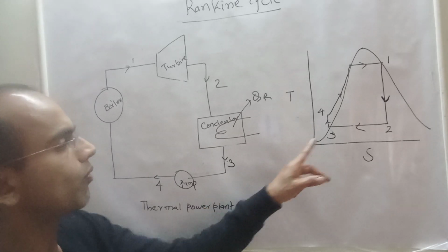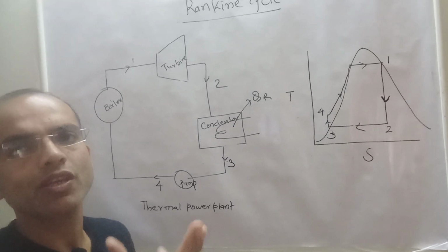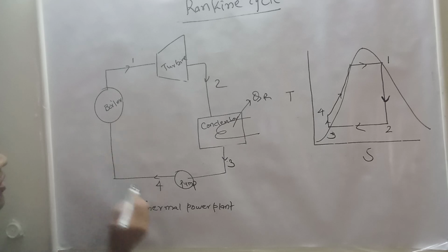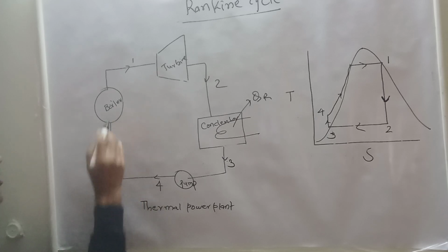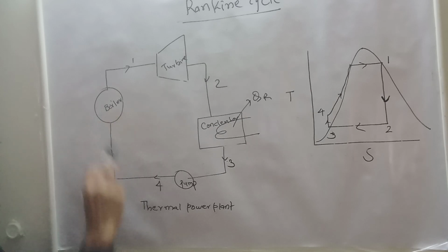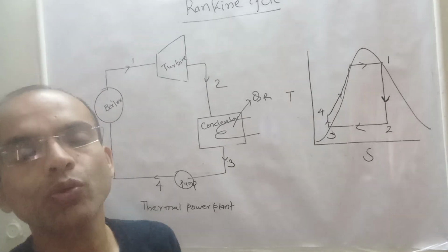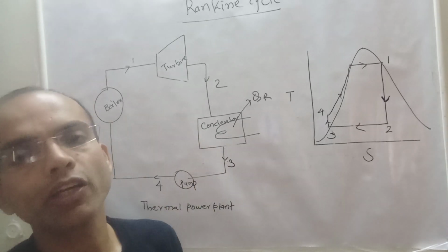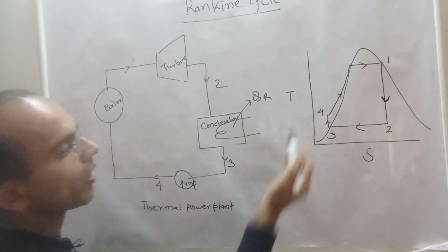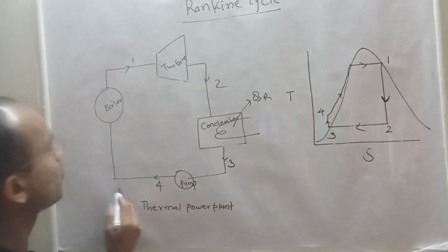But since water is incompressible, only a small amount of pressure will rise, and pressurized water will be fed to the boiler, where it is treated as sensible water which will be required to heat up and convert into vapor. So 3 to 4 is the isentropic compression process which happens in the pump.